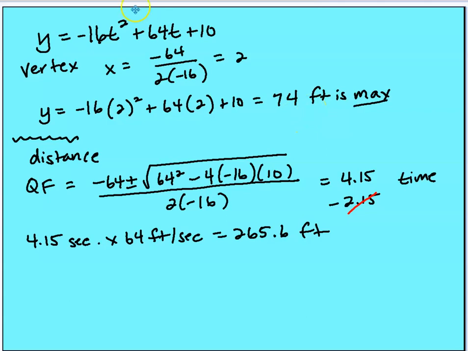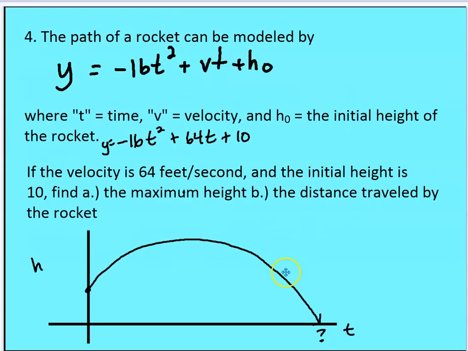Now the next thing I need to do is find out where this function crosses the x-axis, and it's going to be in two locations. One location is going to be behind where it was kicked. This is going to be an extraneous solution. And then finally, I'm going to have some value where it crosses the x-axis, where y is equal to 0.